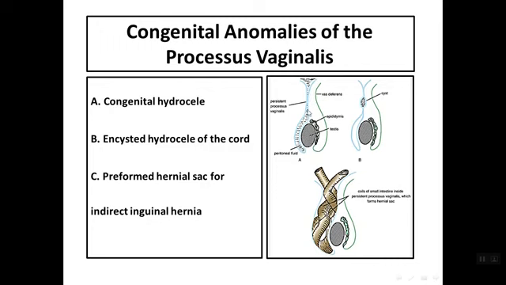Either there is a small connection that leads to a collection of fluid, called congenital hydrocele, or there is formation of a small cyst that is shut off proximally and distally but contains a small collection of fluid, called encysted hydrocele, or there is a larger connection with the peritoneal cavity that leads to passage of small intestine, called a hernia, a type of indirect inguinal hernia. Thank you.